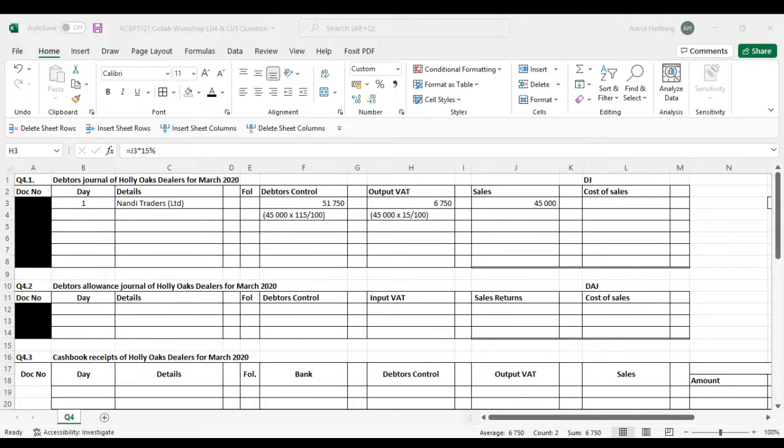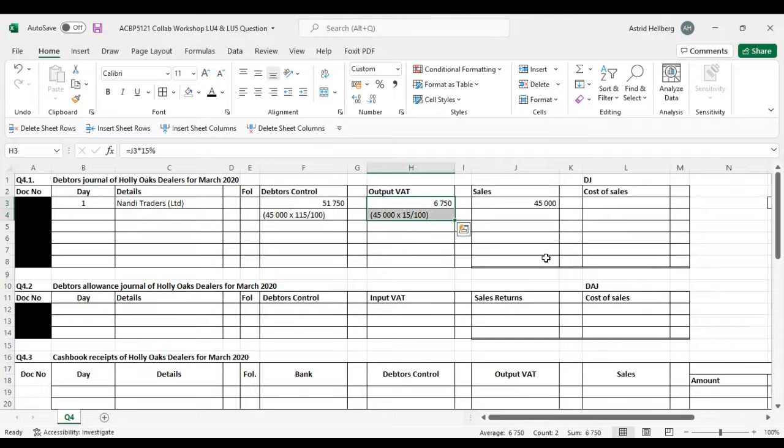I'm going to ask the question again. How do we calculate the cost of sales? If our sales was 45,000, what is the cost of sales that we have to enter in our debtors journal? Okay, so Lino says it's 45,000 times 100 over 120, and that is correct, Lino.